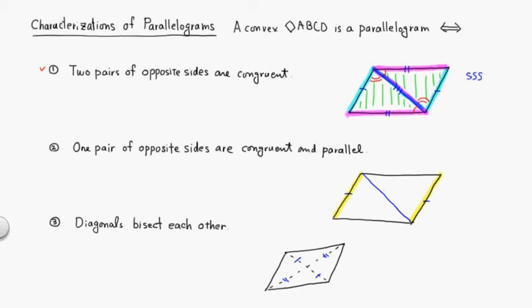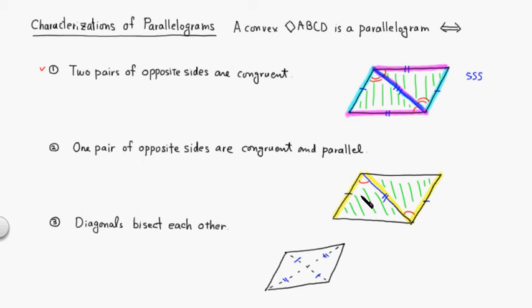So this angle is going to be congruent to that angle. Then we can use side angle side to establish the congruence between these triangles.